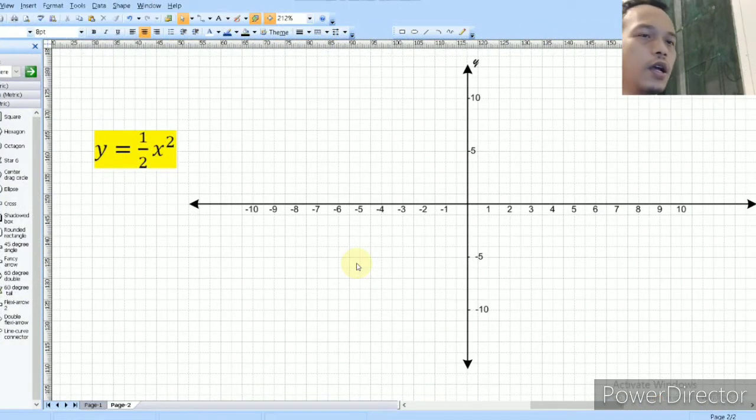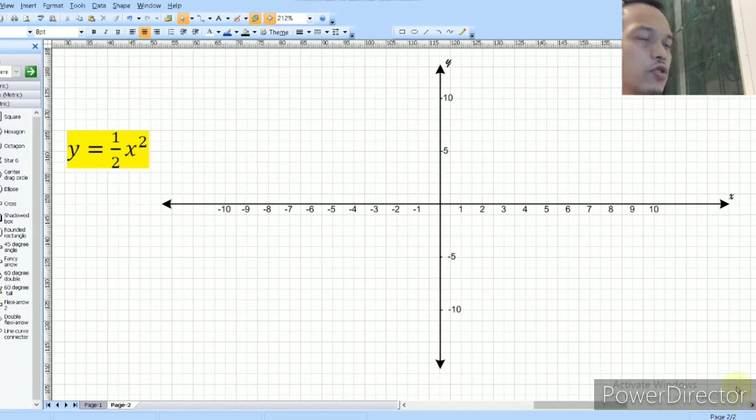So this one, by graphing y equals 1 over 2x squared, I will use a different Cartesian. What I mean is I will use a different scale between the x and the y. So for the x, the scale is 2 grids for 1 unit. 1, 2, 3, 4. But since this belongs to the x-axis, you need to be consistent both to the left and to the right.